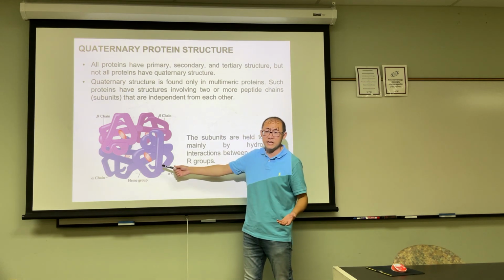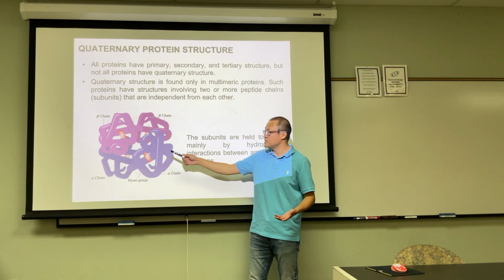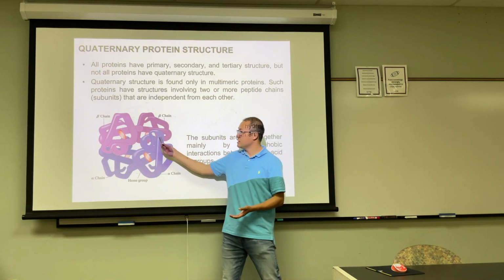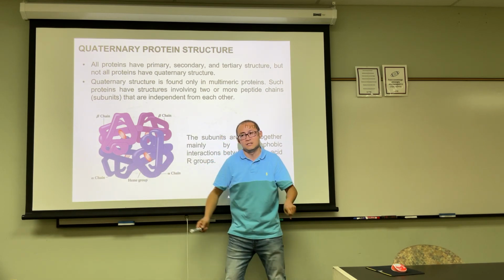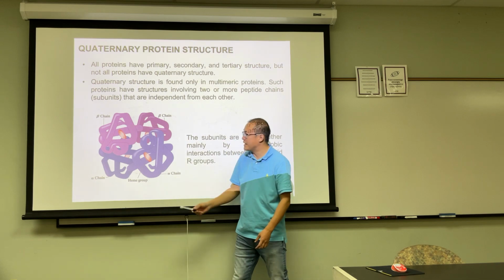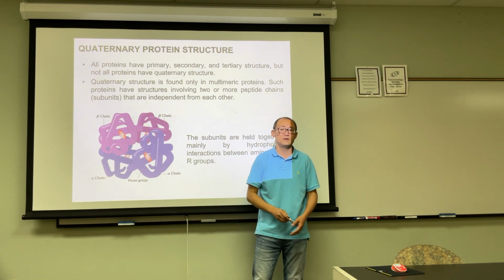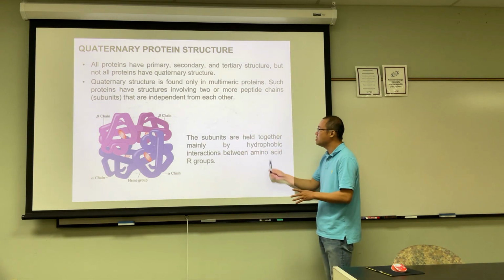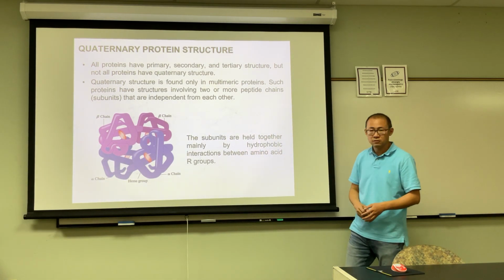Again, this is an example of what we have seen before. This is hemoglobin. It's a very beautiful quaternary structure. It contains four units: two units called alpha chains and two units called beta chains. They're identical, like two pairs of units. If you want to know what holds them together, it's mainly hydrophobic interactions.